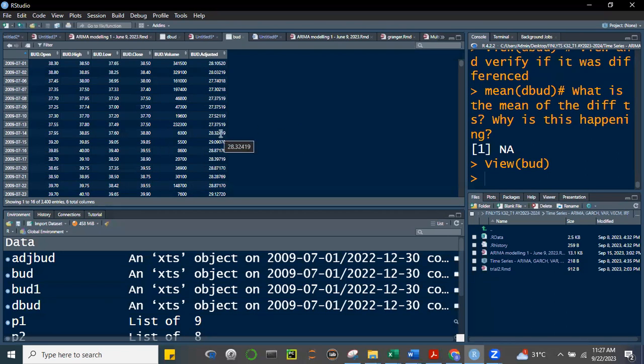So you'll have to check the history of why this is adjusted. Usually that's explained in the source of the data. If your adjusted price is quite far off from your closing price, usually the reason is there's a stock split or there are adjustments in prices. In our case, we're going to make use of the adjusted price.